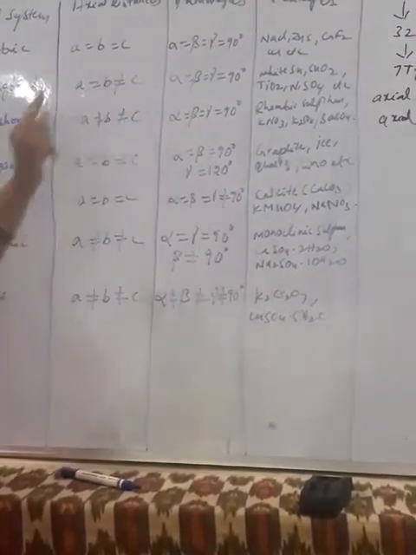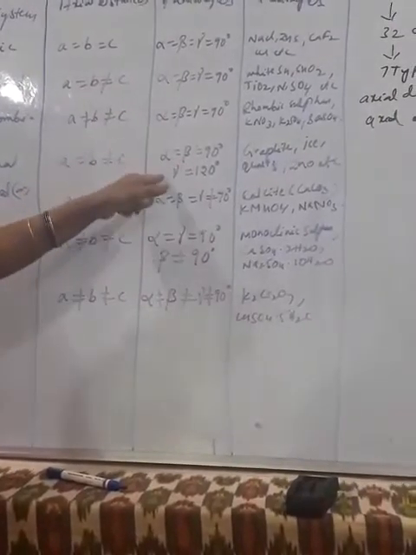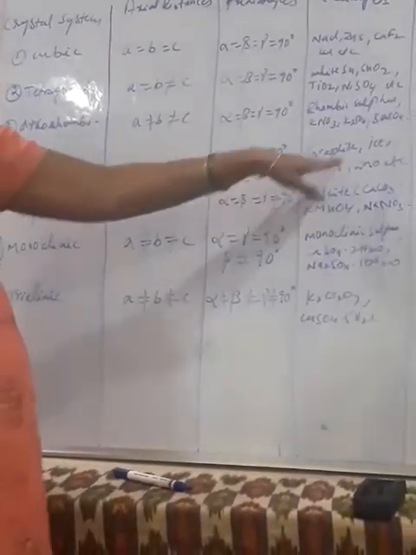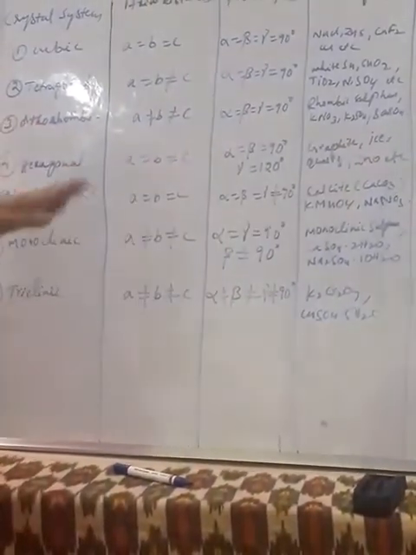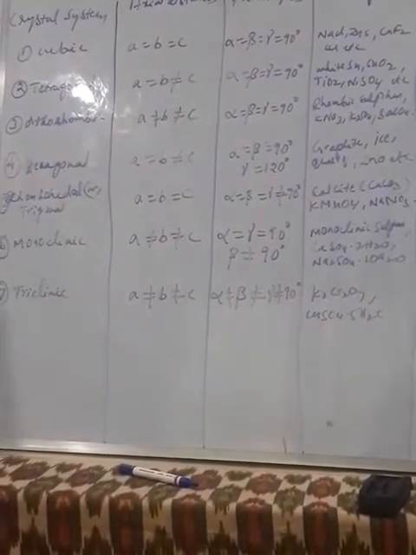So in the hexagonal system the angles differ. Examples are graphite, ice, quartz, zinc oxide. All these come under the hexagonal type.